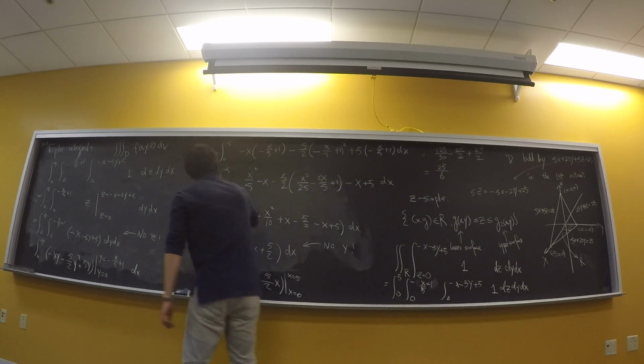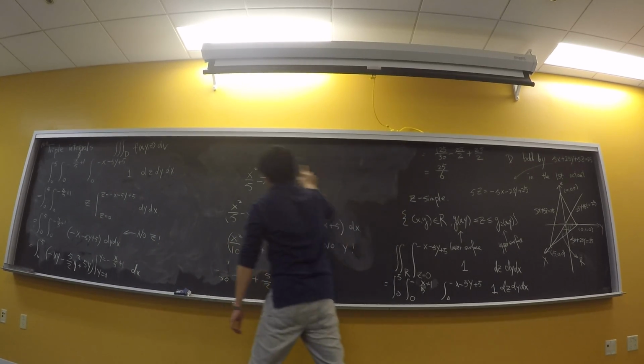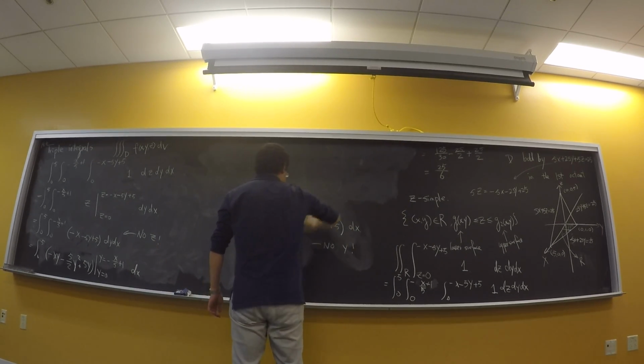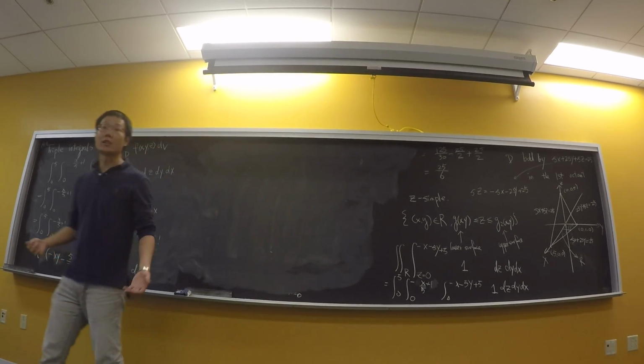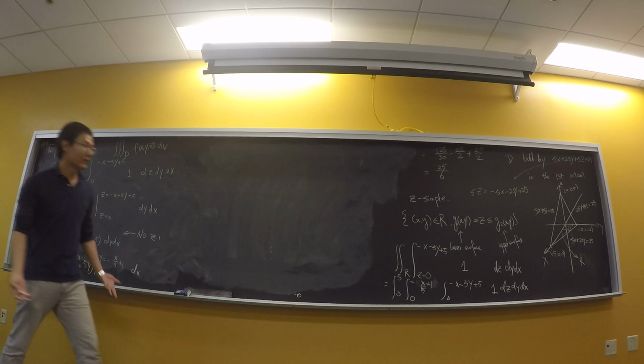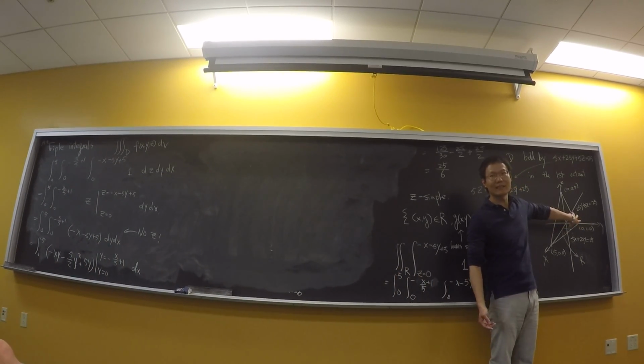So not only can I identify my region R as a y-simple region, I can also identify it as an x-simple region also. All right? This thing is just a right triangle lying on the xy plane. So this is pretty much the easiest object we dealt with in double integrals.